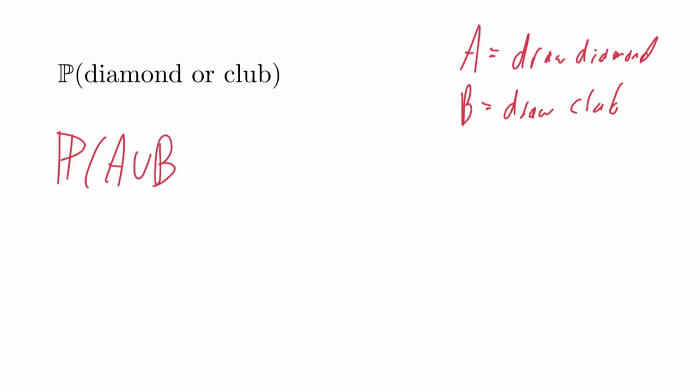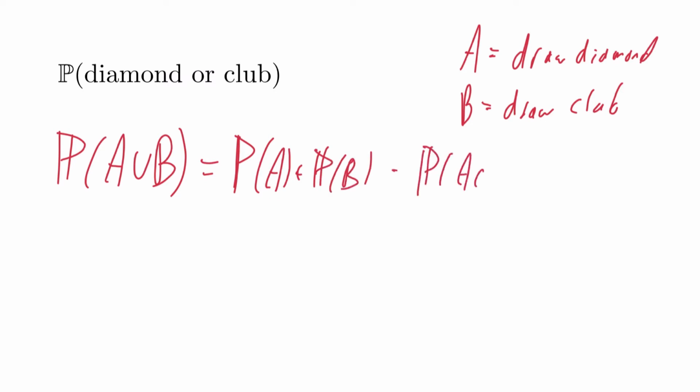And I have an OR statement, so probability of A or B is probability of A plus probability of B minus probability of the intersection. So what's the probability of drawing a diamond? Well, it's 13 in 52. Probability of drawing a club is also 13 in 52.